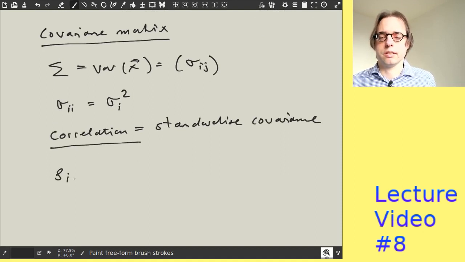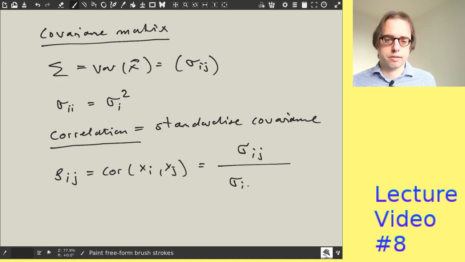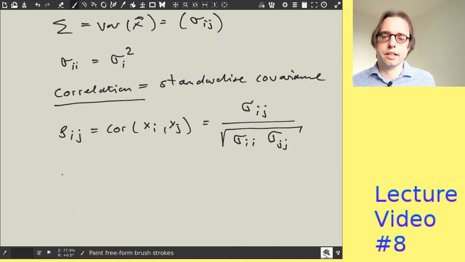Rho ij is the correlation between xi and xj, and that's defined as the covariance between i and j divided by the square root of the product of the variance of xi and the variance of xj. And you can easily see that rho ii is 1, because then this becomes 1.